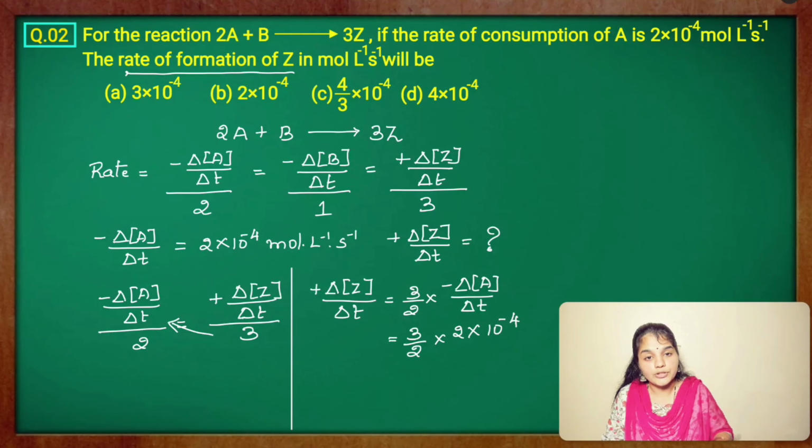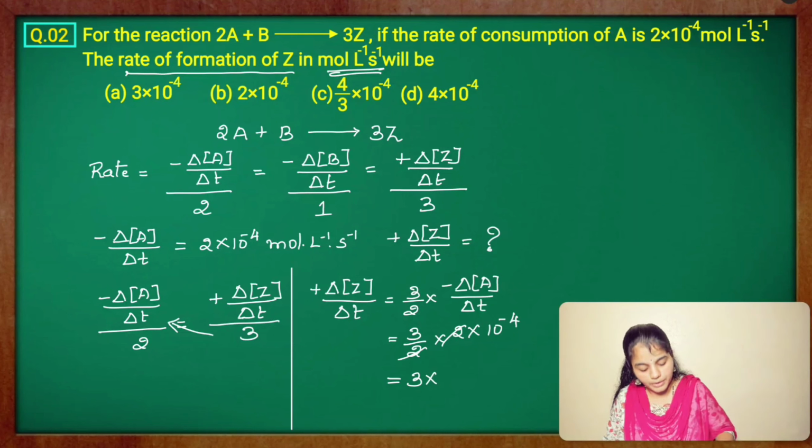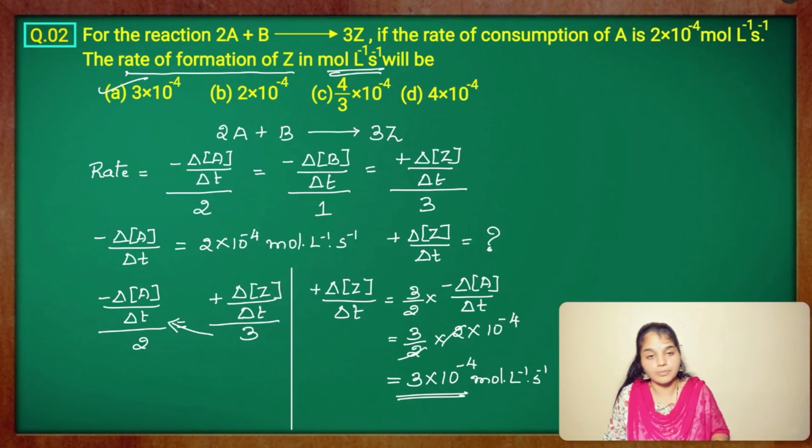The unit is mole per liter per second. 2 and 2 get cancelled. 3 into 10 to the power minus 4 mole per liter per second. Therefore, the right answer is A, 3 into 10 to the power minus 4 mole per liter per second.